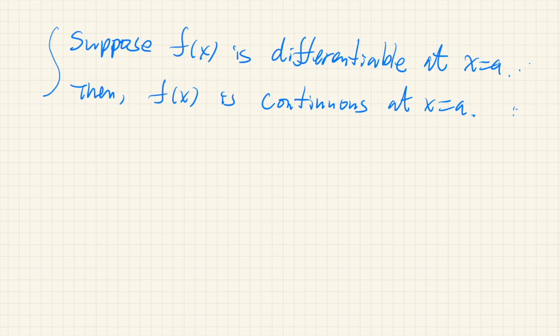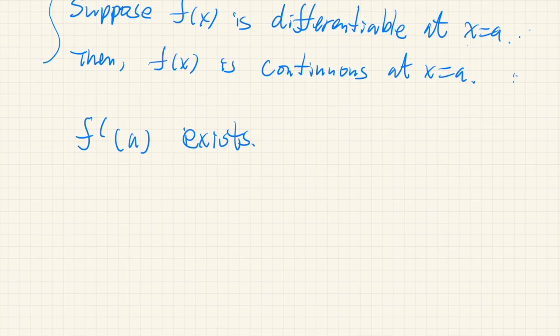Now, since we are assuming that f of x is differentiable at x equal to a, from this assumption, we conclude that f prime of a, the limit, exists. Okay.